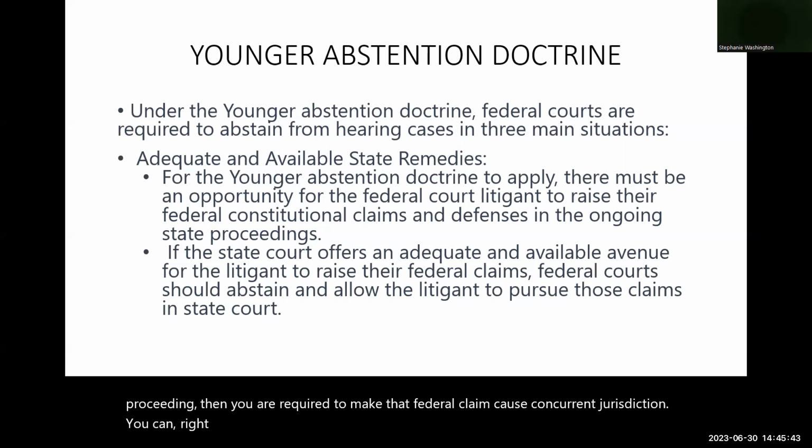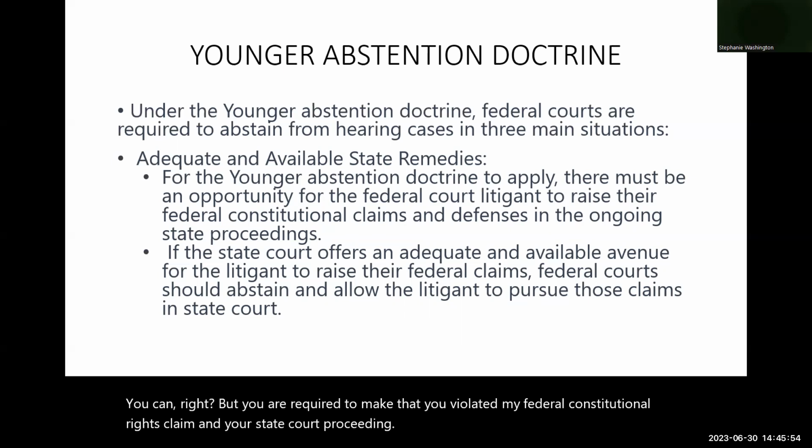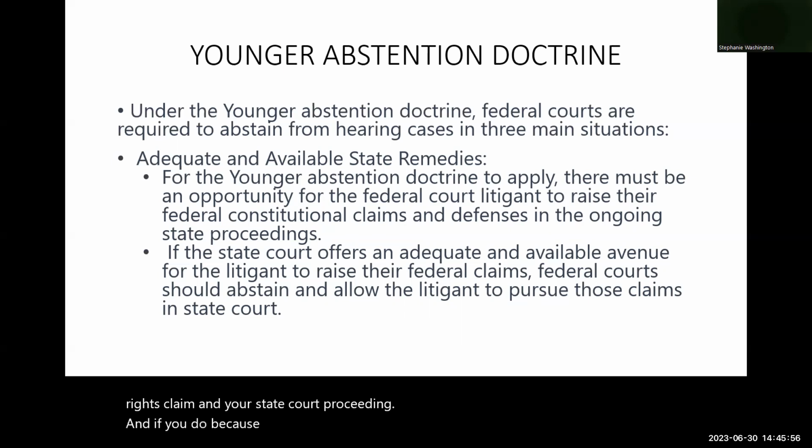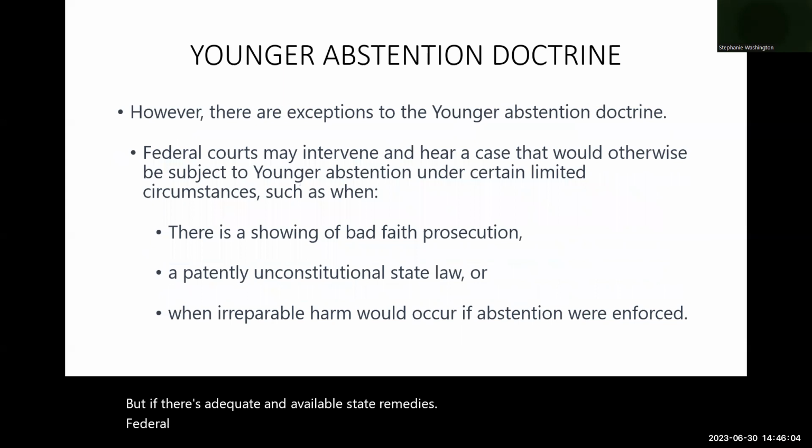But you are required to make that claim, that you violated my federal constitutional rights, in your state court proceeding. And if you do, because you got to do that first, right? But if there are adequate and available state remedies, federal court's out. Federal court's out.